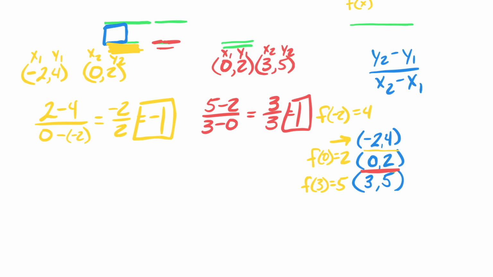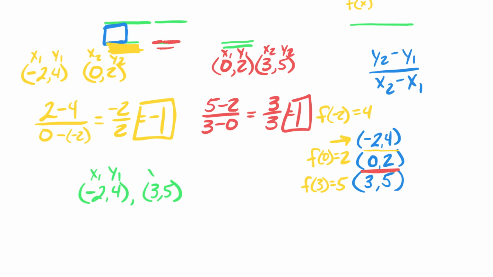And then lastly, we have the one I did in green, which was from -2 to 3. So -2 had the ordered pair 4, and 3 had the ordered pair 5. And we're going to use our formula for the last time.